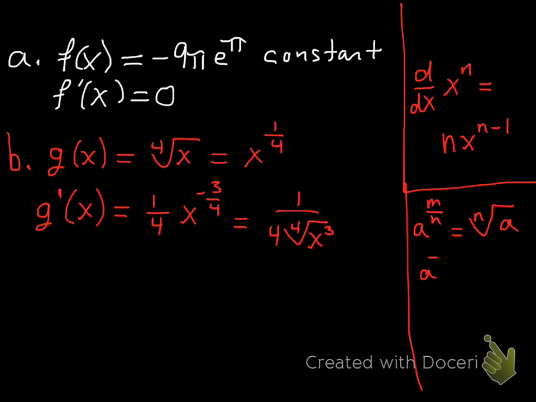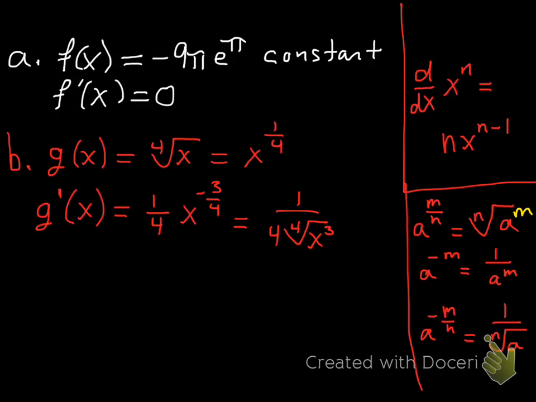And that's using a combination of a couple of exponent rules that I will mention here. The definition of a to the m over n is the same thing as the nth root of a to the m. If I have a to a negative exponent, it tells us that it goes in the denominator, so 1 over a to the m.